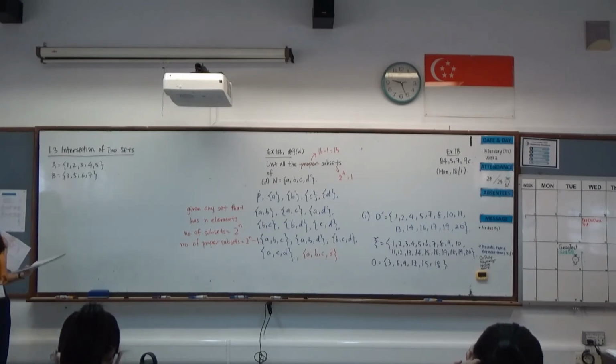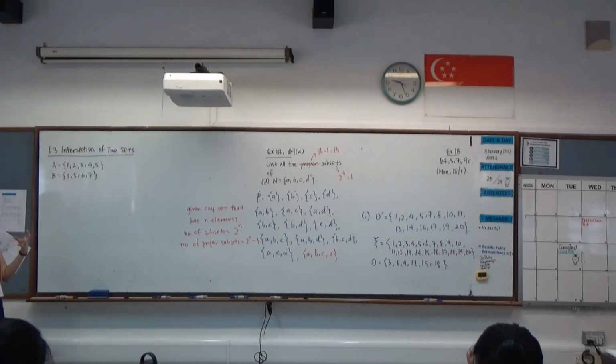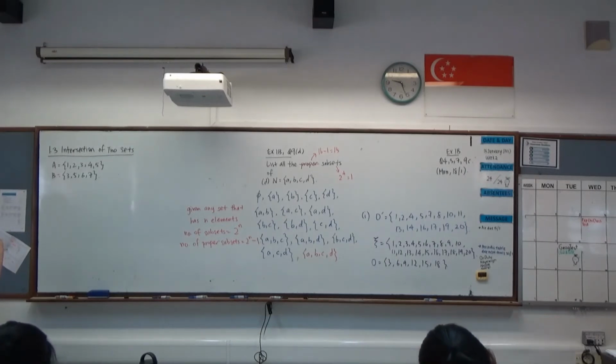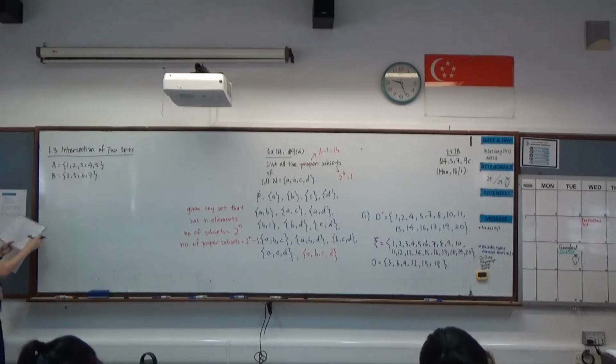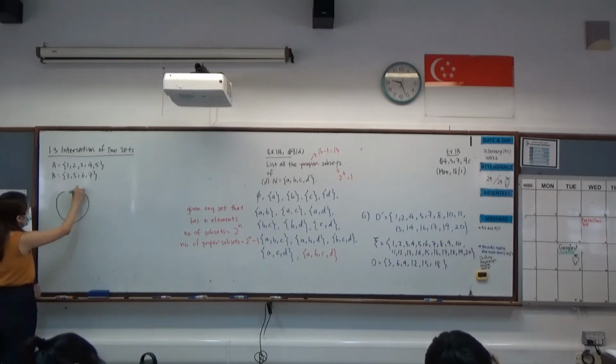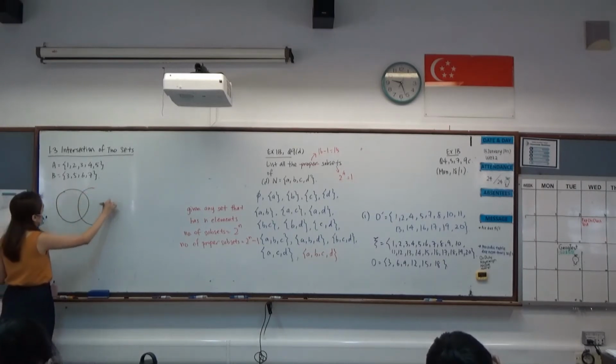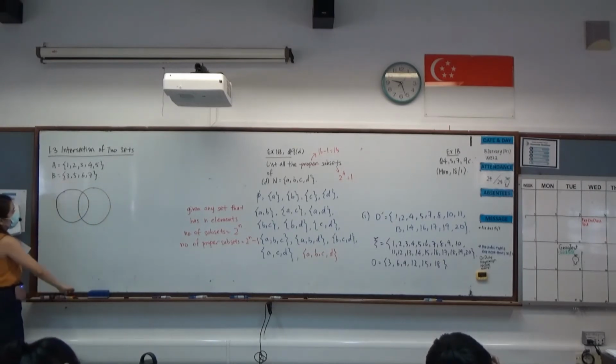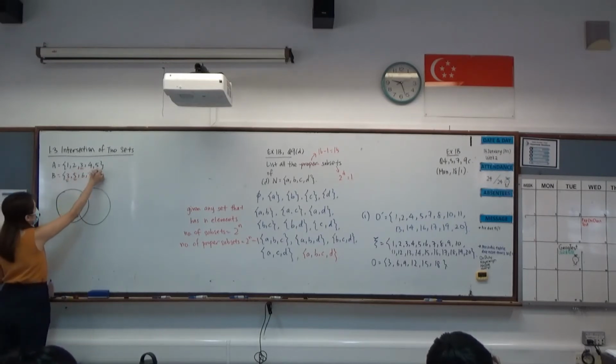Earlier on we have seen how to draw Venn diagrams involving the universal set, containing one set itself. Otherwise, it would just be one set inside another, where they are proper subsets. Okay, so now if I want to draw this Venn diagram, we notice that there are some elements that are actually overlapping, and that will be 3 and 5.